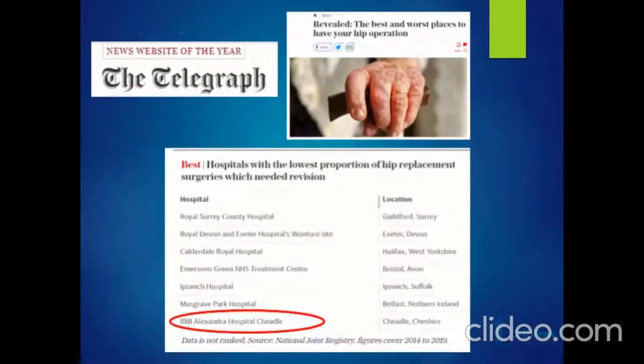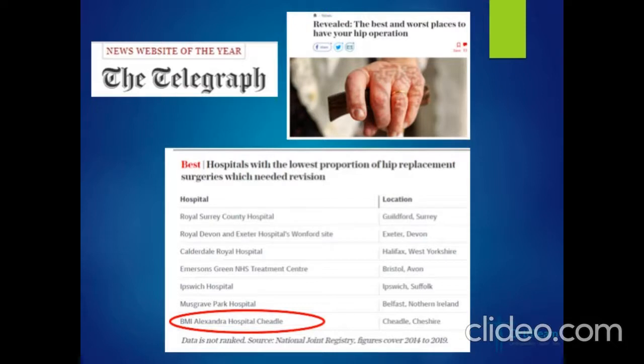So in terms of the Telegraph, I'm quite proud of this slide. The Telegraph published the worst 10 and also the top 7 hospitals for joint replacement surgery. And the Alexandra Hospital was in the top 7 hospitals for risk of failure of your hip replacement once it had been done. And it was the only private hospital on that list. And it was amongst some other really good specialist centres.